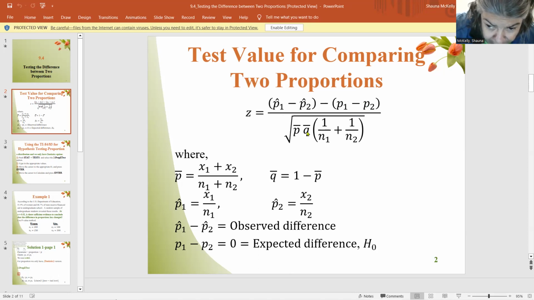This P bar and Q bar are pooled proportions, which we're not going to get into, but you can see the formulas on the screen. P bar is x1 plus x2 over n1 plus n2, Q bar is the complement, and n1 and n2 are the sample sizes.